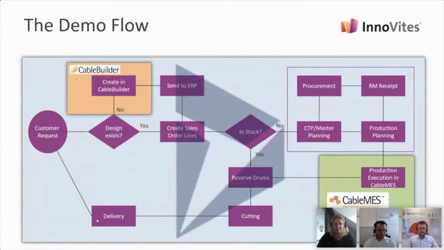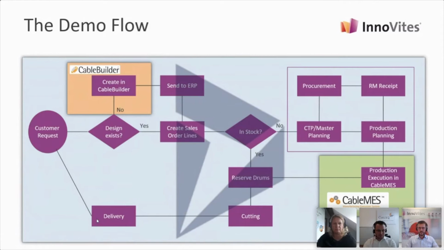So this is the journey of today. We'll start with a new cable design in Cable Builder, and then have a customer quote for this new design, also for an existing design. Create a sales order out of it. Check if there's stock. If not, we will run the planning engine to create planned orders for us.